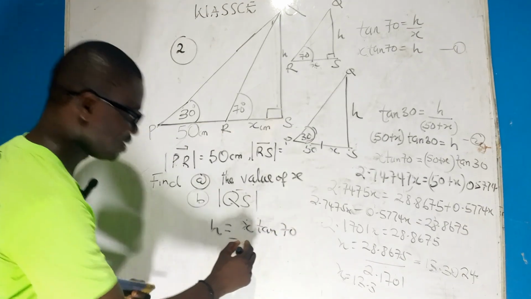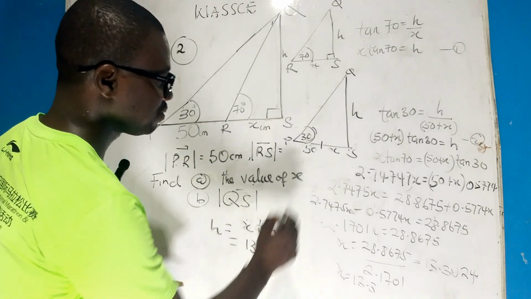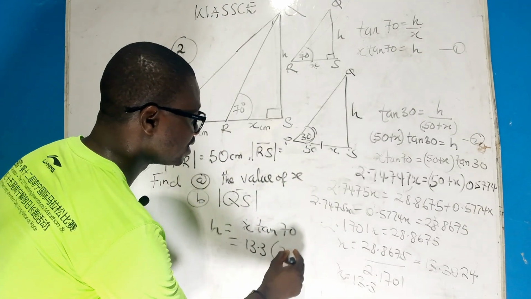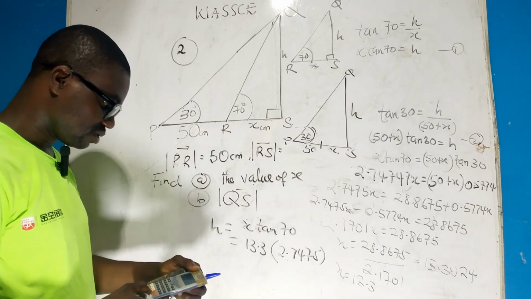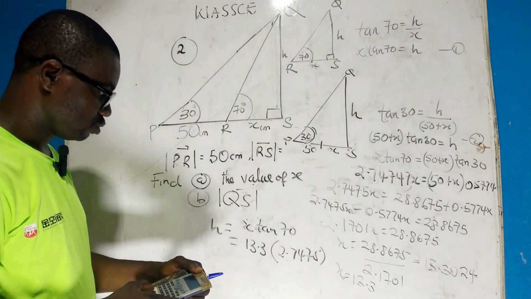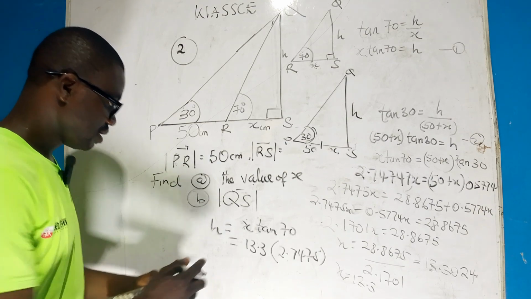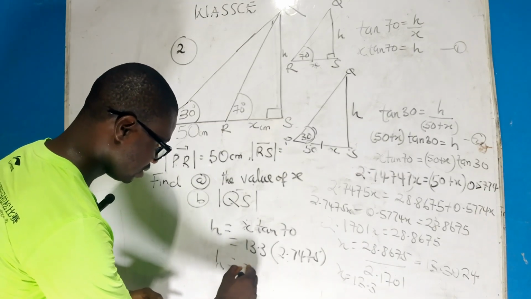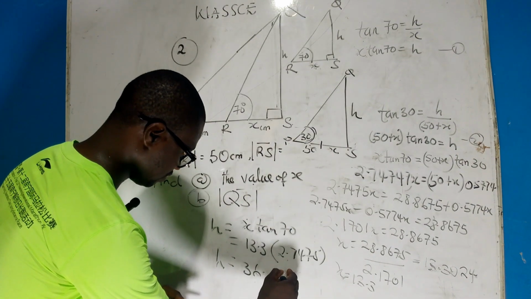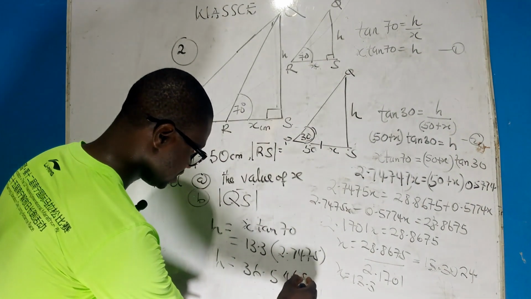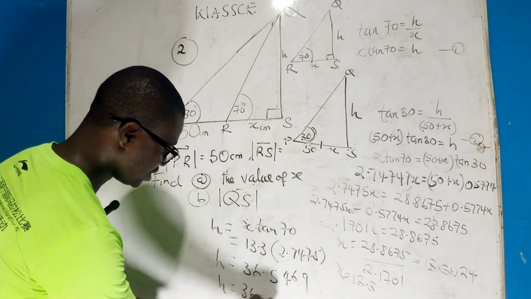Our x is 13.3, and our tan 70 was 2.7475. So let's multiply, and you are going to have 36.5469, which is approximately 36.5 centimeters.